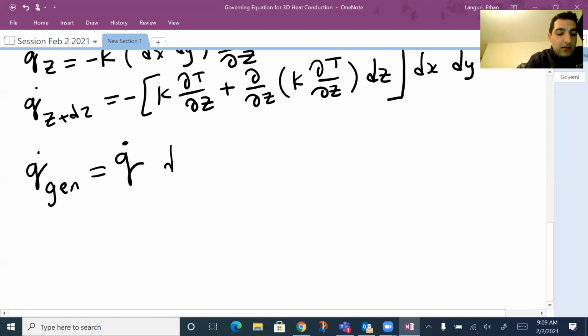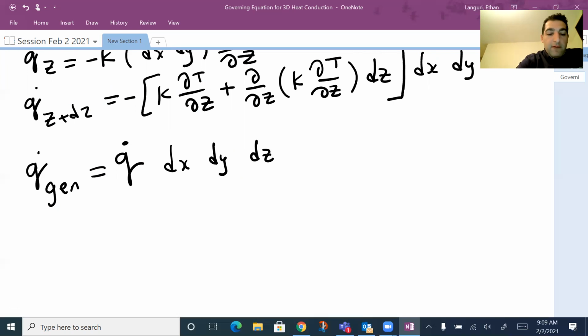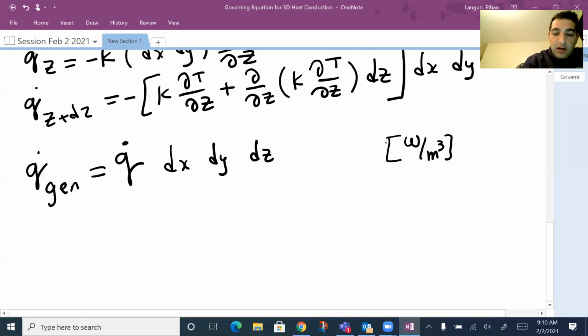It is simply dx times dy times dz. If you multiply the three dimensions of our cube, you get the volume. And by the way, remember the unit for q dot is watt per meter cubed. That's why I need to multiply it by the volume with the unit of meter cubed.